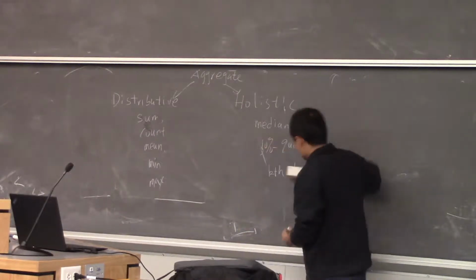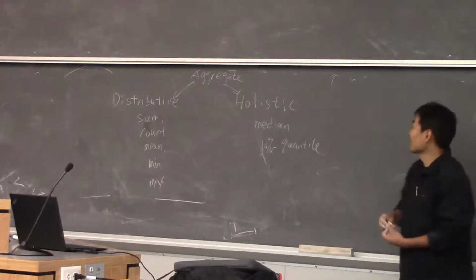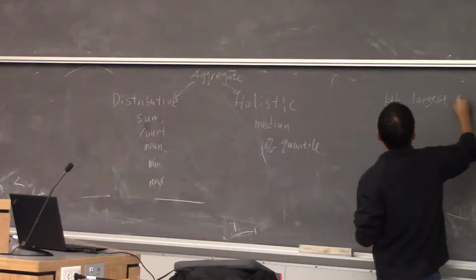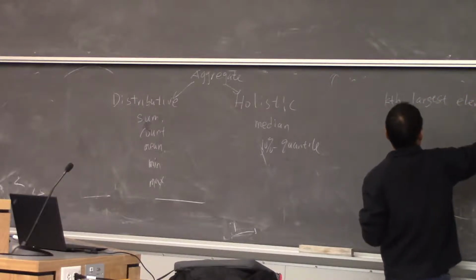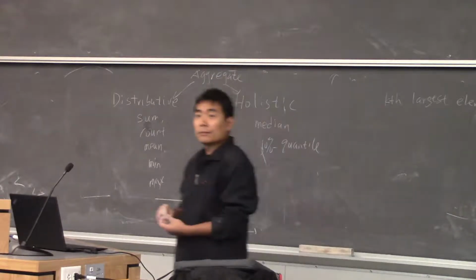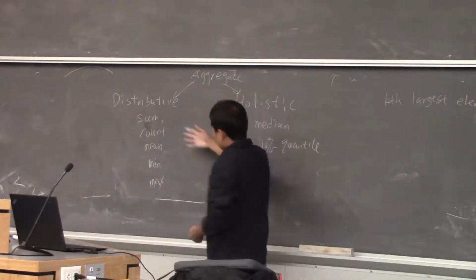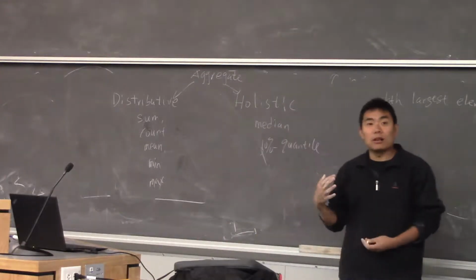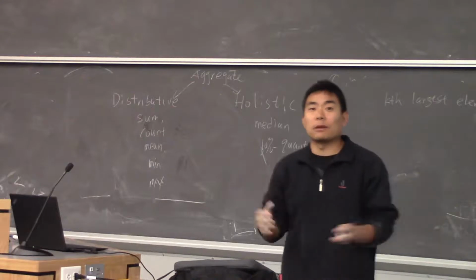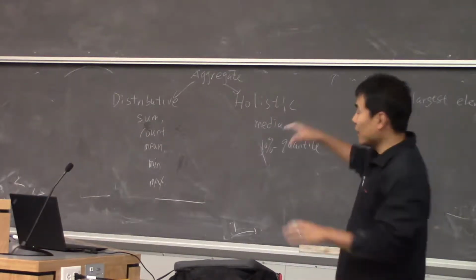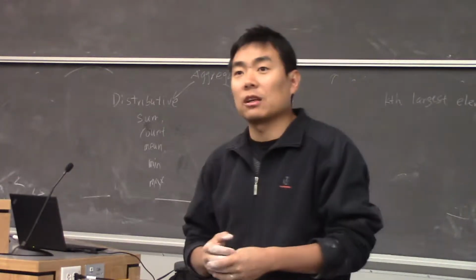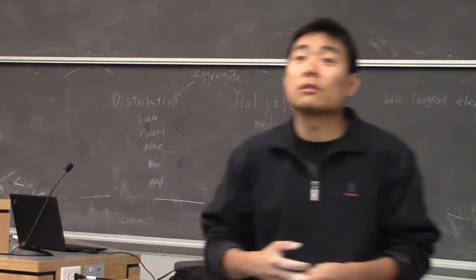Well, k-largest is, okay, I will ask you about that. So why are these distributive and these holistic? Can someone argue for me? What is the difference between them? If I give you a classification like this, what can you observe about it?